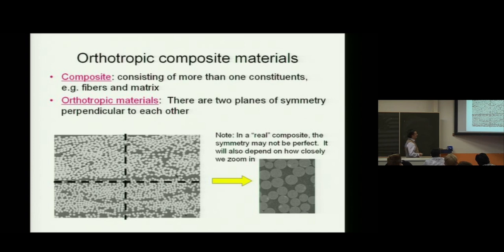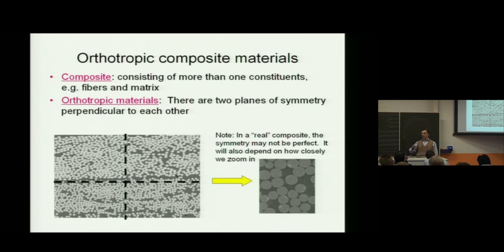Other than this relatively well-defined resin layer between the two plies, it's very difficult for you to tell whether you are on the left or on the right-hand side, in the sense that there appears to be symmetry with respect to this vertical plane perpendicular to the page and this horizontal plane.